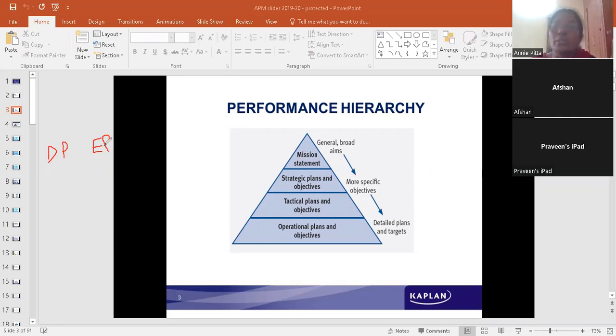If both of them match with each other, there is no issue. If they are not equal, then certain strategies are taken up to make them match, or if there is a gap, that gap can be closed. Basically, that is the gist of what we will be looking into as part of strategic planning.